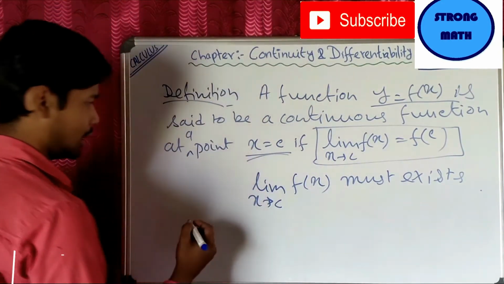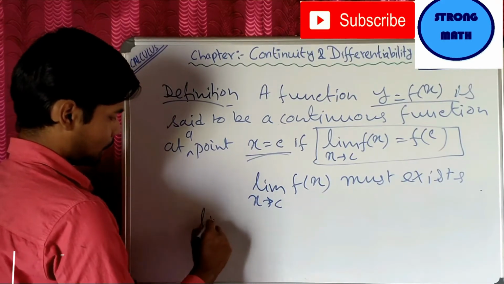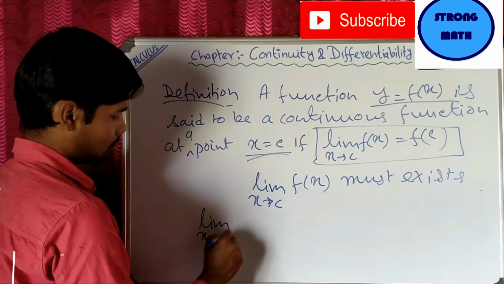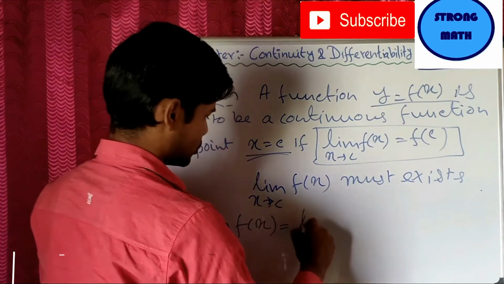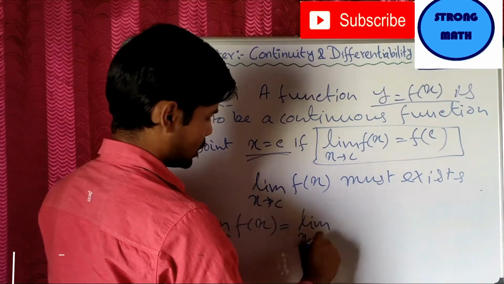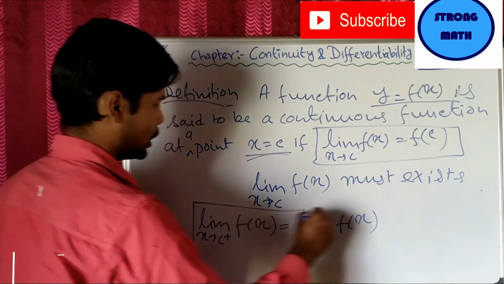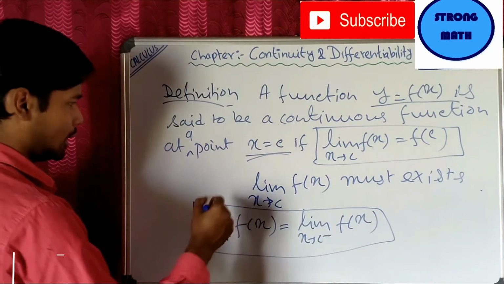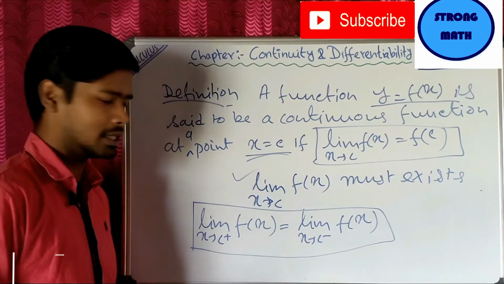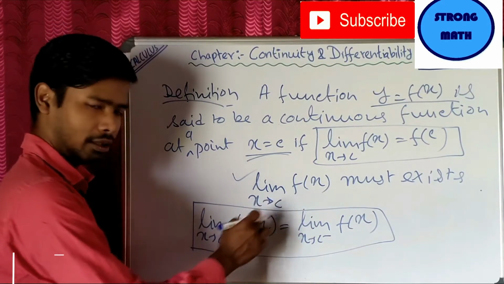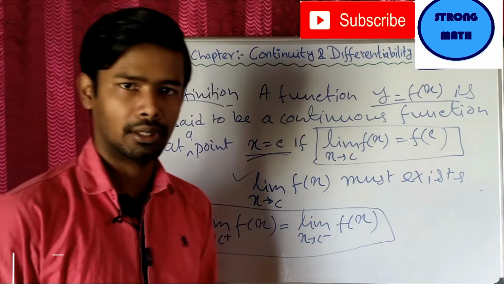Remember your previous class knowledge of limit: if limit x tends to c plus of f(x), that is the right hand limit, is equal to limit x tends to c minus of f(x), that is the left hand limit, then we say that limit x tends to c of f(x) exists at point c. So this is the concept of existence of limit.